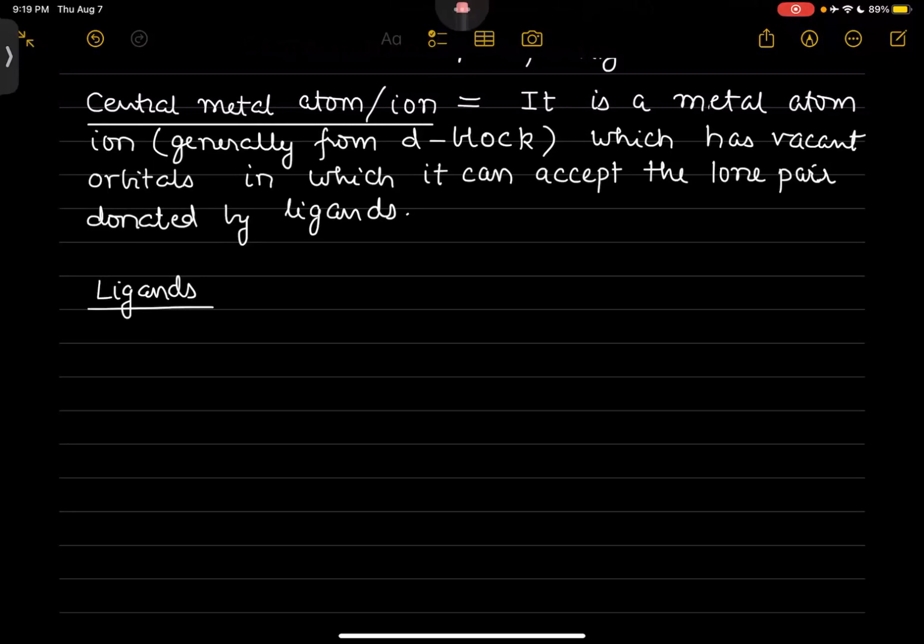What are these ligands? They can be neutral molecules or ions.